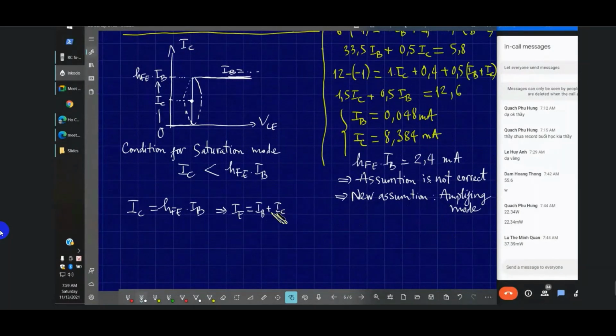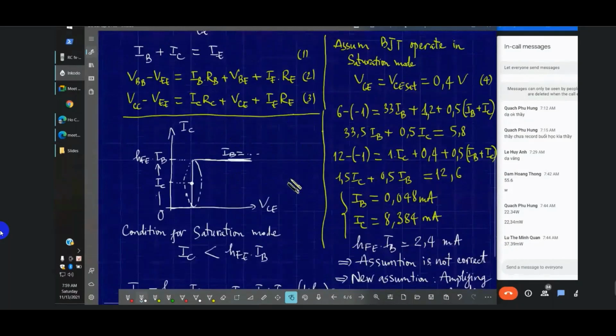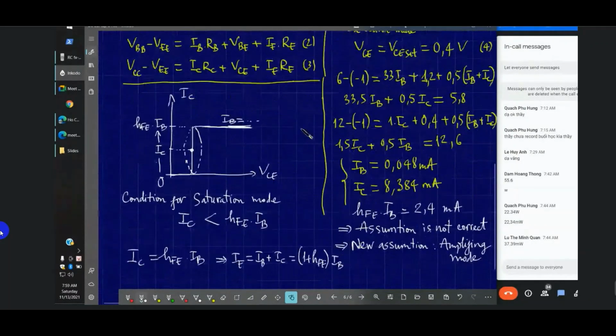So we got HFE and then 1 plus HFE, multiplied with IB. Okay, so we replace these into equation number 2 and equation number 3 to get the result. So we put it here.